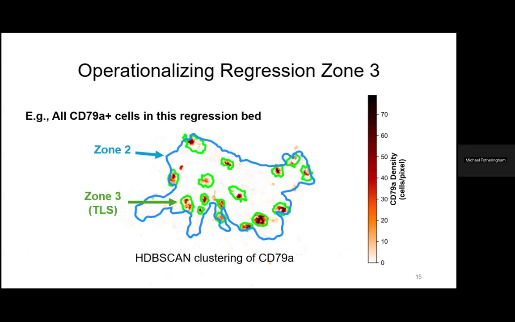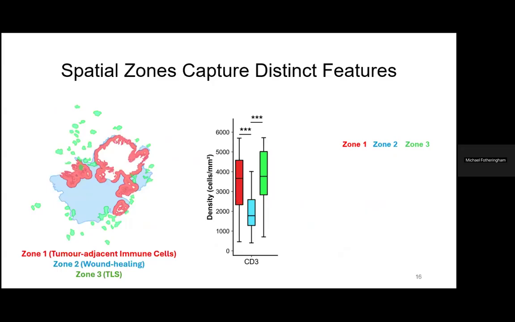Right. So we operationally defined all the zones, and here they are for one given specimen. The color coding here is the same as the color coding in the graph. We analyzed across multiple specimens the CD3 density in zones 1, 2, and 3 to make sure that we saw differences. As we expected, the CD3 density is highest in zones 1 and 3 and lowest in zone 2.